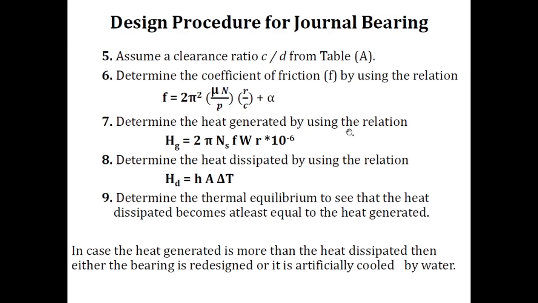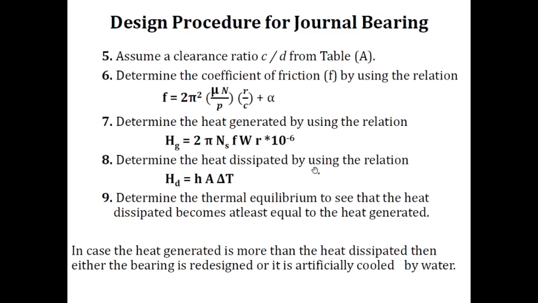Determine the heat generated by the relation. We have seen that the heat generation is nothing but the power loss in friction, 2 pi n, FWR into 10 to the power minus 6, in kilowatts. Then determine the heat dissipated, that is by HA del T, and now you calculate the thermal equilibrium to see that the heat dissipated becomes at least equal to heat generated.